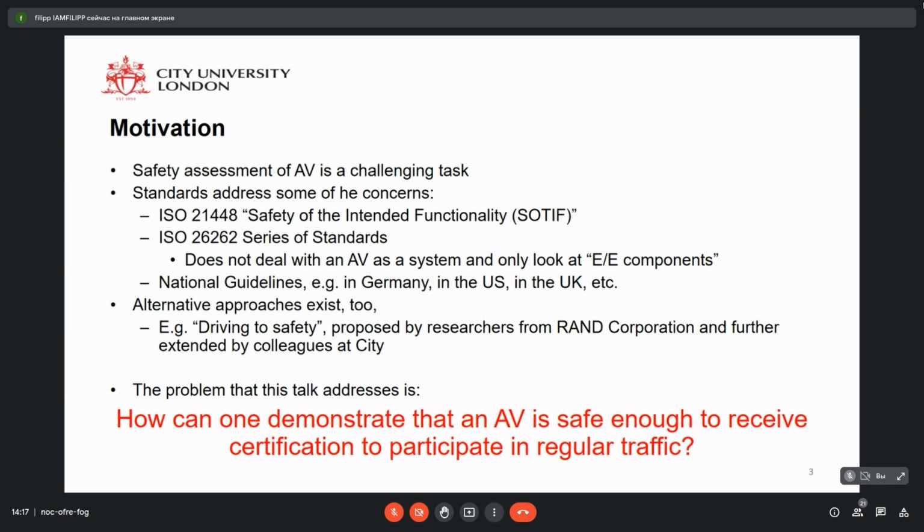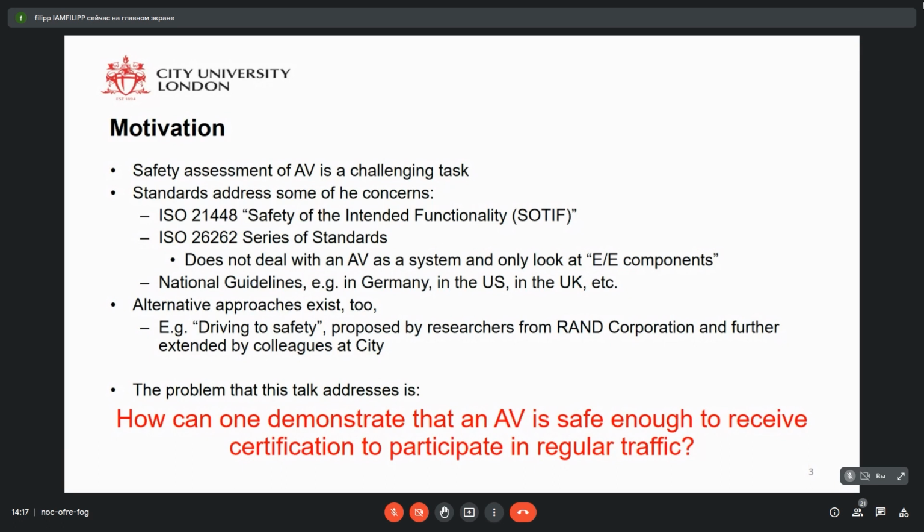A couple of years ago, probably more than a couple of years ago, a team from the RAND Corporation came up with quite a clear model, and this is now known among the community as driving to safety.